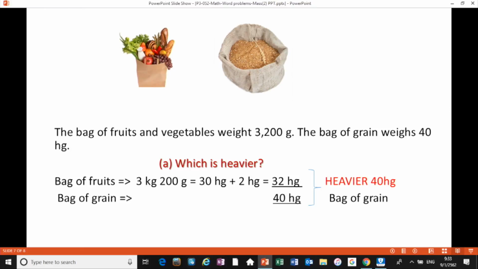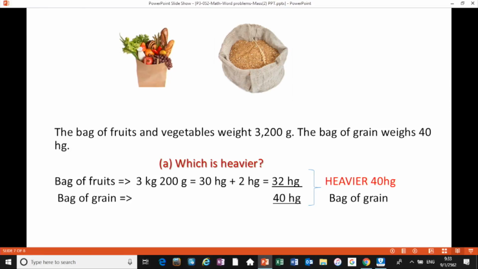So first of all, we need to figure out how many hectograms. 3,200 grams. 100 grams is 1 hectogram. So 3,200 grams, how many hectograms? 32 hectograms.